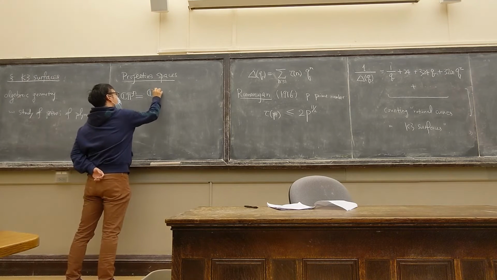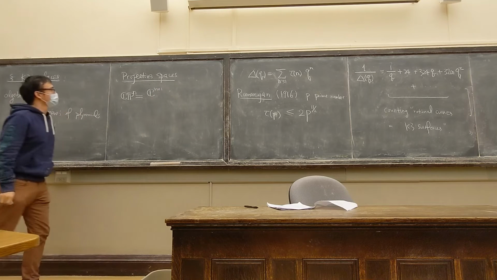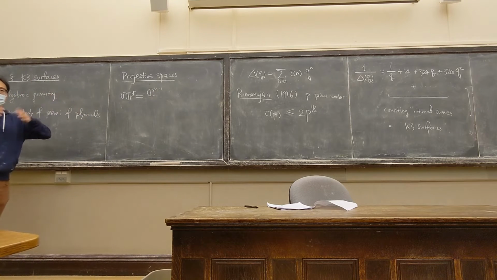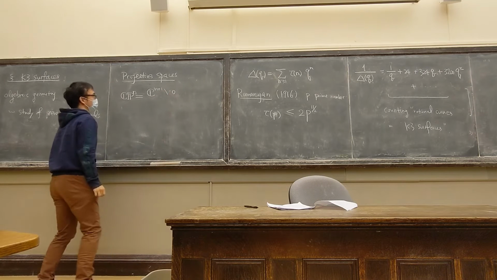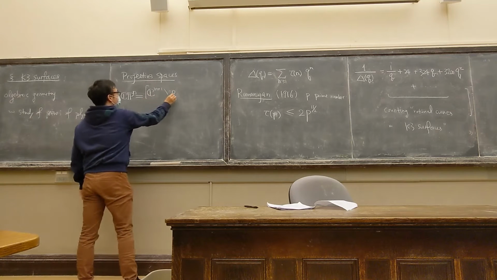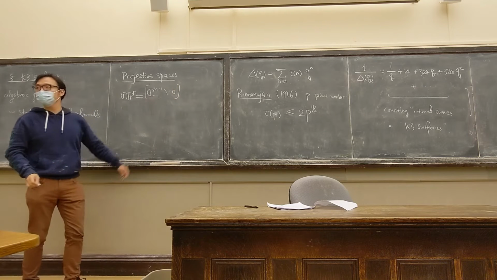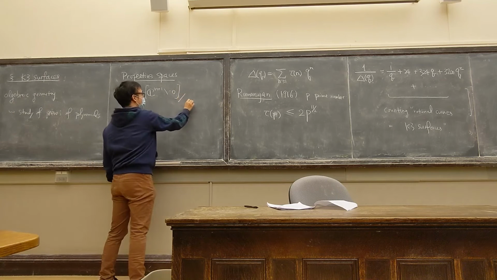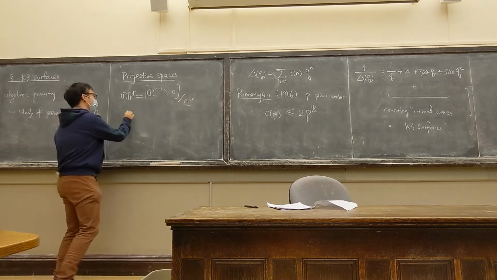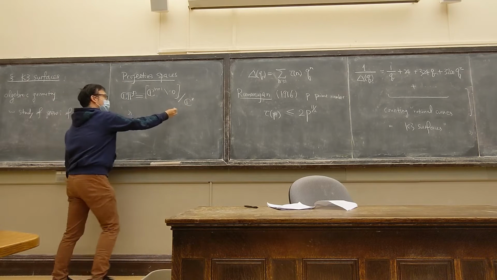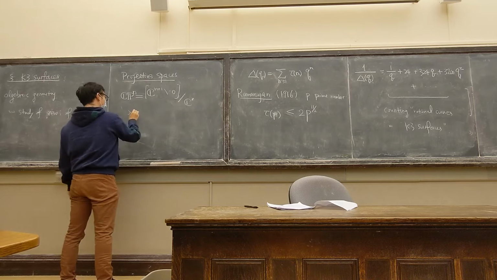So you just consider C to the power of n plus 1. It's a linear space. You remove the origin, I don't like it. And then, well, it's a linear space, so just quotient out by C star. So C star is the non-zero elements in the complex numbers.